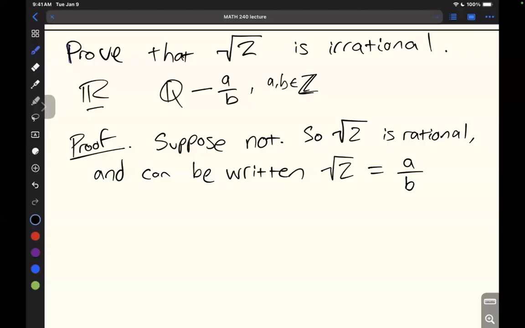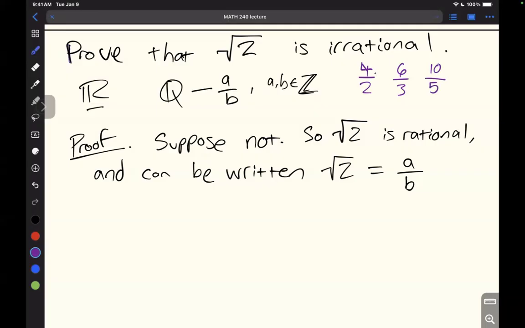So we can write square root of 2 equals a over b. And something to think of when we're looking at rational numbers is, let's consider 4 over 2 and 6 over 3 and 10 over 5.